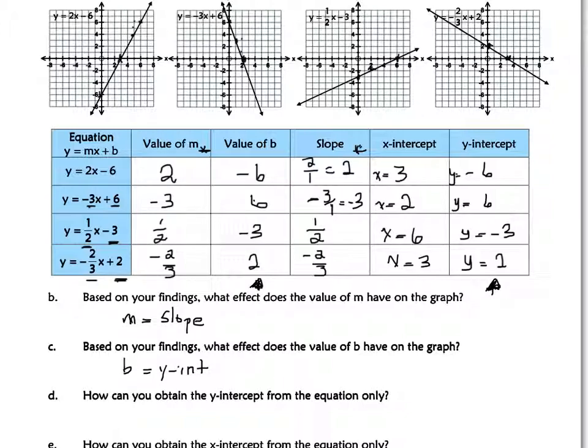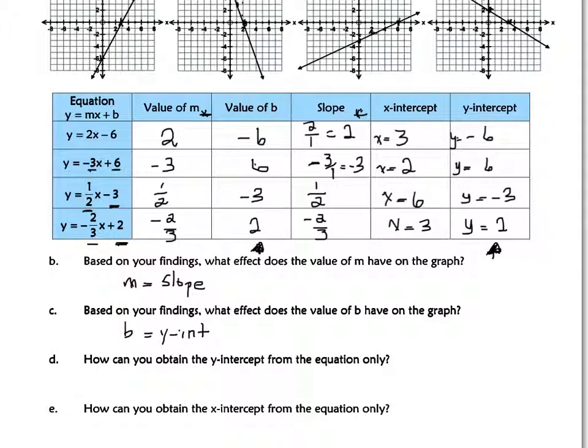And that makes sense because if you look at the next question, it says how can you obtain the y-intercept from the equation only? As we learned before, you can let x be 0 in your equation.